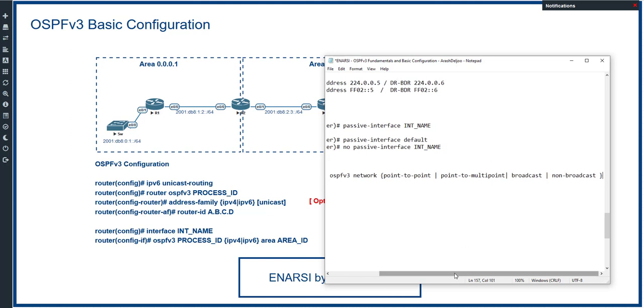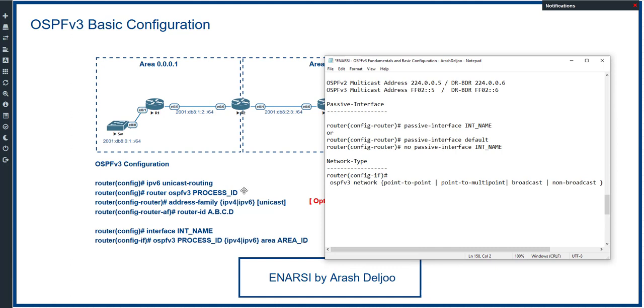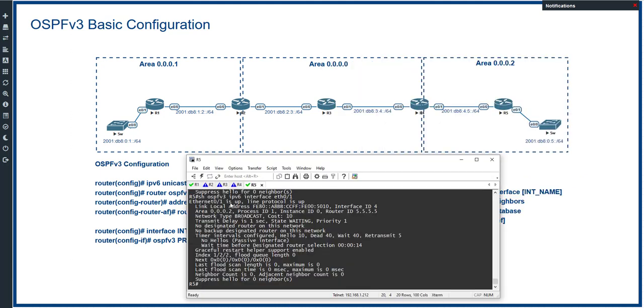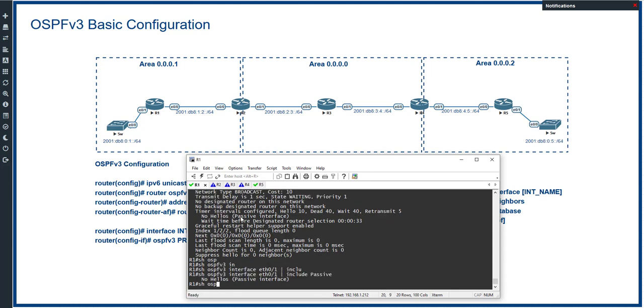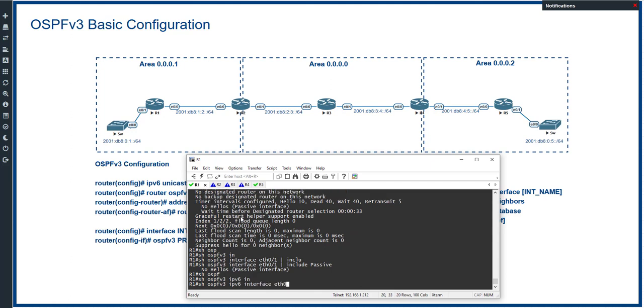Let me show you. It is so easy. With show OSPFv3 IPv6 interface, you can verify the network type. This is router one. Show OSPFv3 IPv6 interface ETH00.